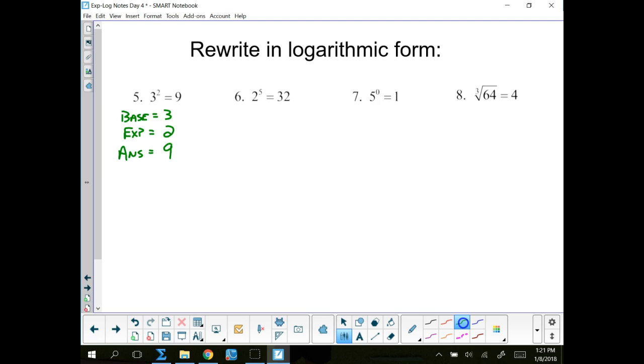So if I put that in logarithmic form, log base 3 of 9 equals 2. And both of those, 3 squared equals 9, true statement, and log base 3 of 9 equals 2 is a true statement.